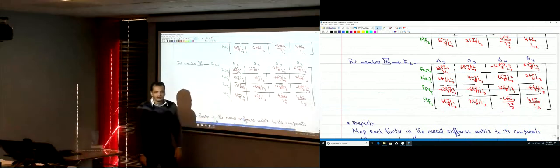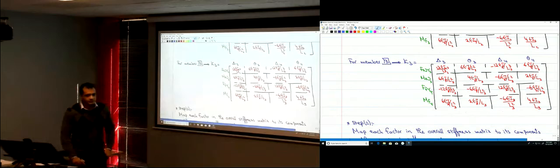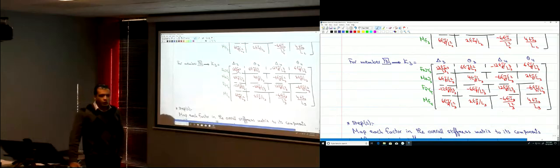M1 and theta 3. There is a theta 3. Is there M1 here? No. So what would you do for this element? It's 0. There is no relation between the force M1 and theta 3. A unit rotation at node 3 will not give you a moment at node 1. Okay?